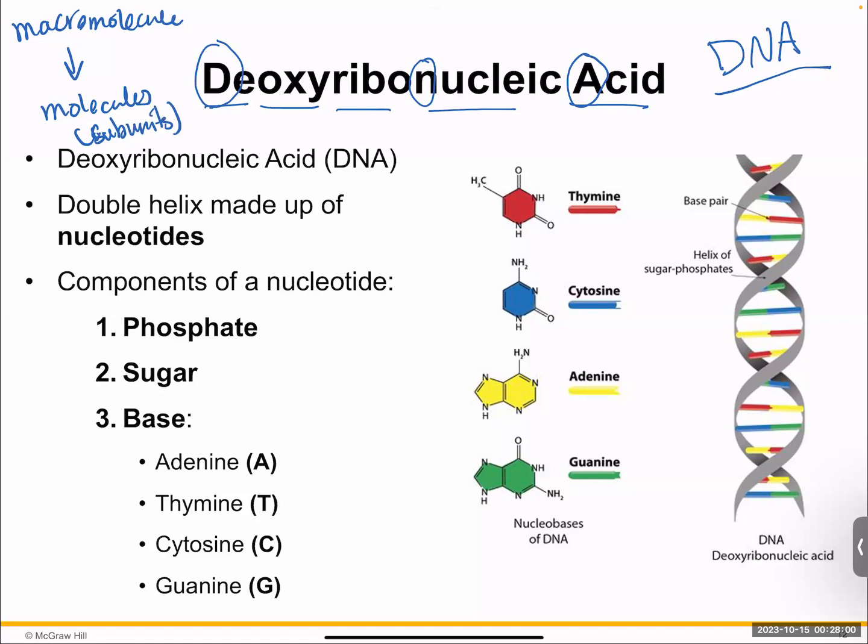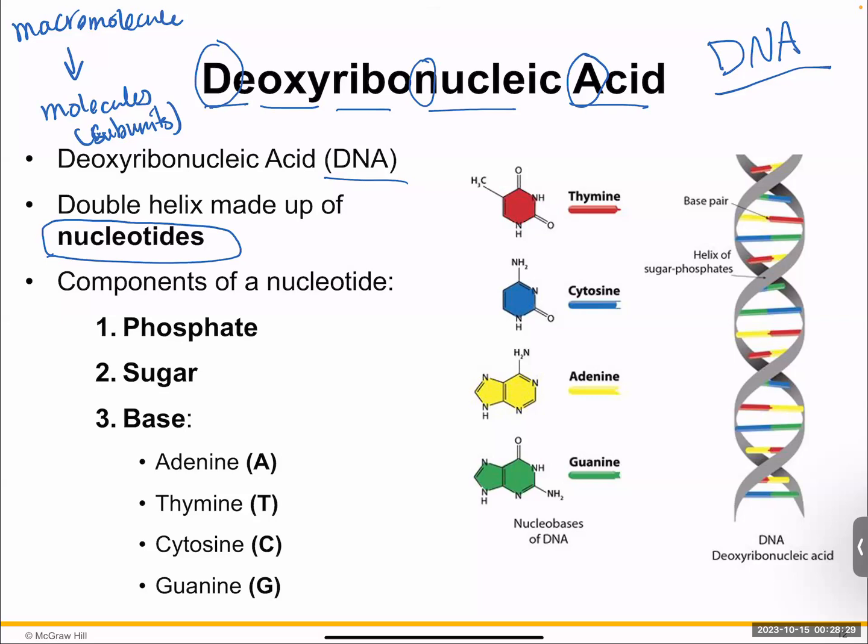So the subunits of our DNA, our nucleic acid, are called nucleotides. Nucleotides are very important for us because the way they're set up and held together basically forms your DNA, which makes your genes, which makes the proteins, which makes you basically who you are.